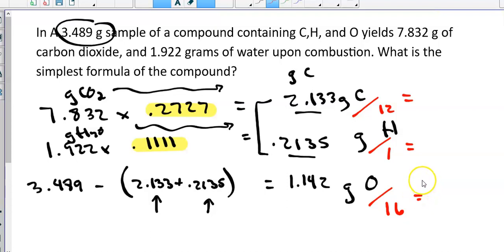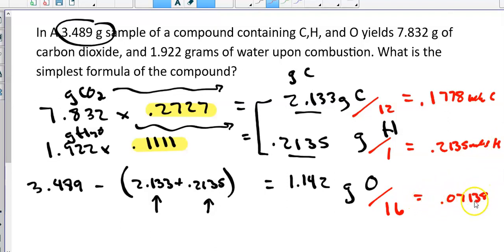When I divided 2.133 grams of C by 12, I got 0.1778 moles of C. For H, I got 0.2135 moles. For O, I got 0.07138 moles. I wrote moles each time because if I know the molar ratio, then I can know the formula.